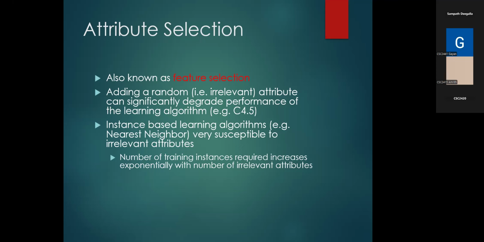In nearest neighbor like algorithms, people have worked on this area and noticed the effect depending on the number of irrelevant attributes. They controlled the number of irrelevant attributes and observed how many data points you need to reach a particular accuracy level. They noticed that the number of training instances, the number of data points you need, increases with the number of irrelevant attributes.